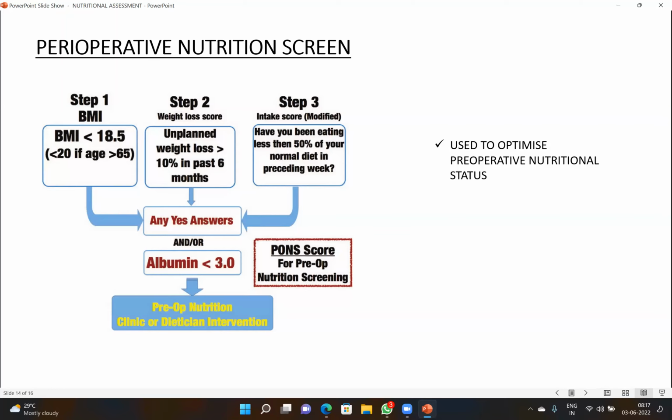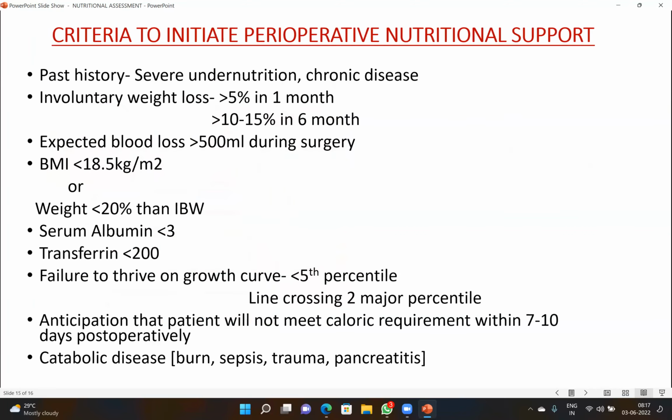Step 3, if the patient has been eating less than 50% of the normal diet previously taken. If there is a yes to any of steps 1, 2 or 3, or the serum albumin level is less than 3, then we need to optimize the patient preoperatively, and we need dietitian intervention and nutritional assessment.